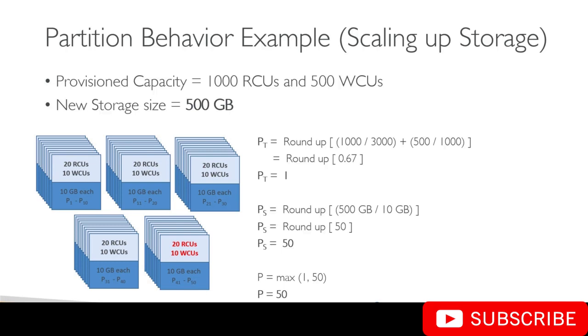That's about 1/50th of the provisioned capacity. So look, if you want to get a performance throughput of 1000 RCUs and 500 WCUs, then you will have to increase the provisioned capacity by 50 times. So it comes to somewhere around 50,000 RCUs and 25,000 WCUs.